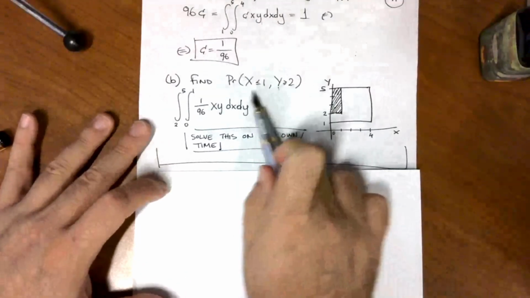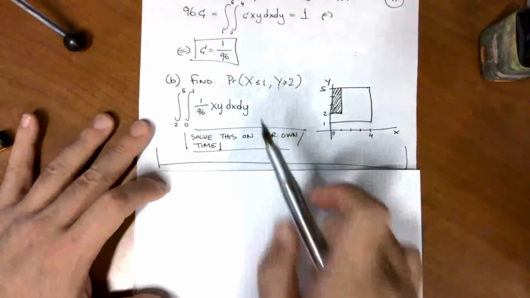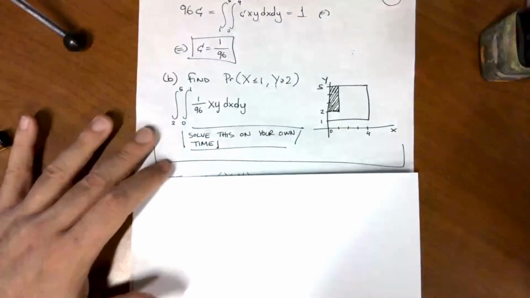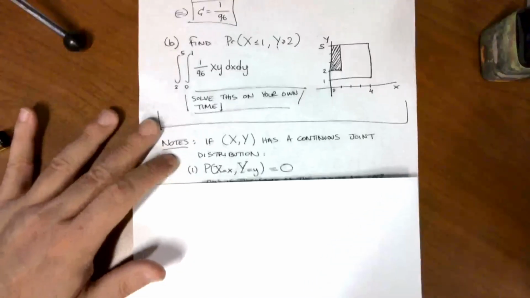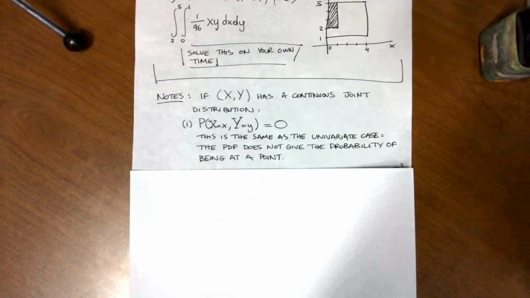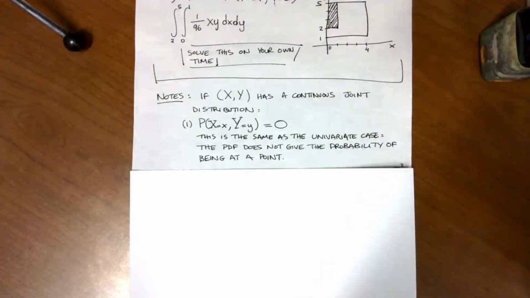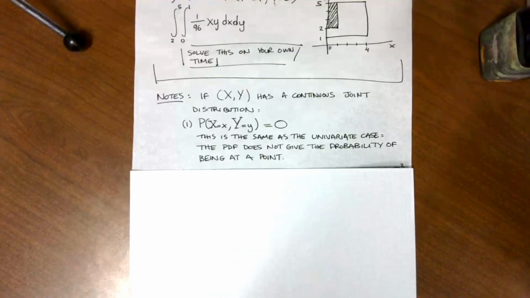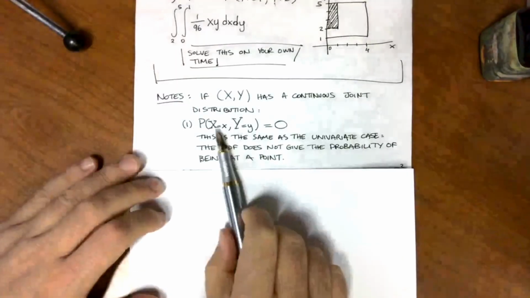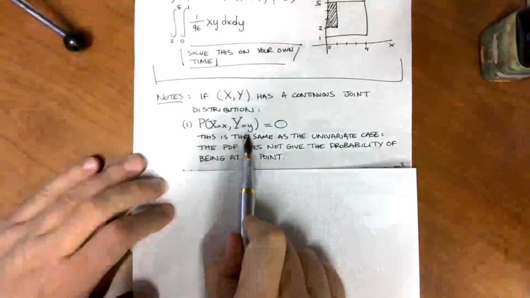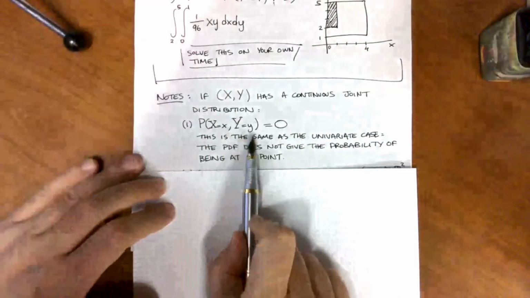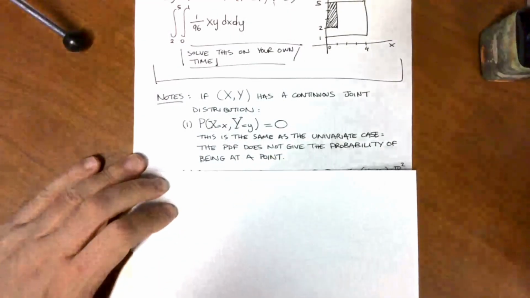The equality part of the inequality does not matter as much because we're in the continuous case. As in the univariate case that we've seen, if you have a continuous joint distribution, the probability that x is going to take a specific value and y jointly is going to take another value is going to be equal to 0.